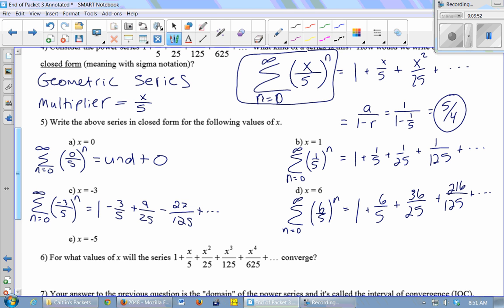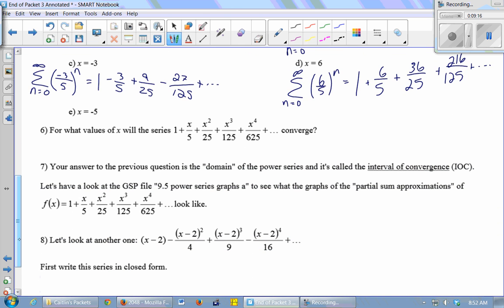The terms are getting bigger. This is geometric, but to get from one term to the next, I'm multiplying by 6/5, a number bigger than 1. So those terms are getting bigger and bigger, and there's no chance of convergence. That's the test for divergence. The terms don't go to 0, so it definitely diverges.